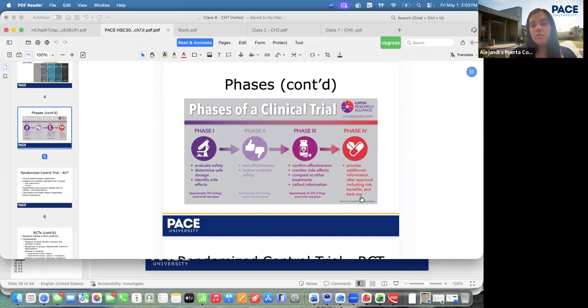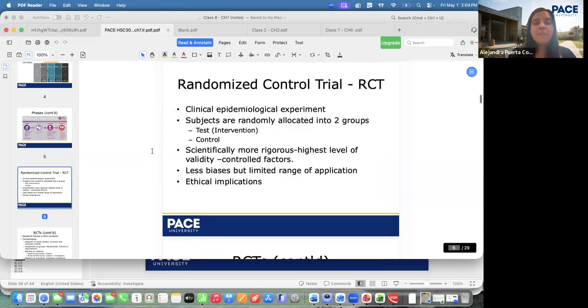I won't have control over the environment. I don't know if they're going to take their pills on time. I don't know if they're going to mix it with alcohol. Let's say I say that it's not recommended for people with diabetes. I don't know if a diabetic person is going to take one, right? That I cannot control anymore. But we send it to phase 4 because we want to see what are the real benefits and best use in the population, right?